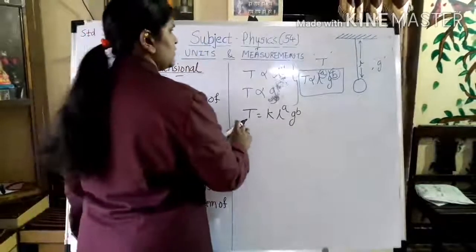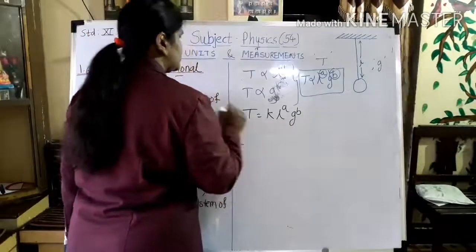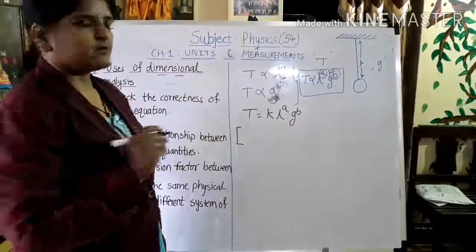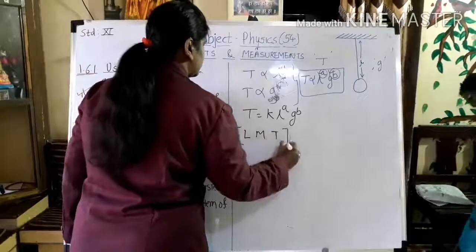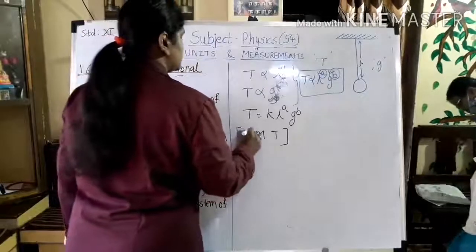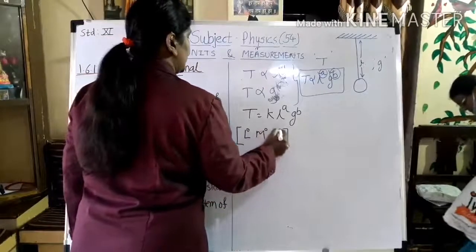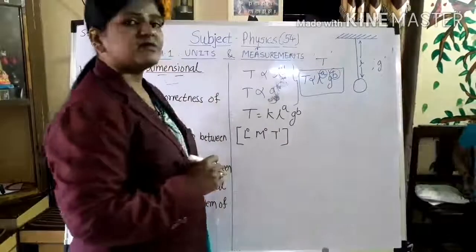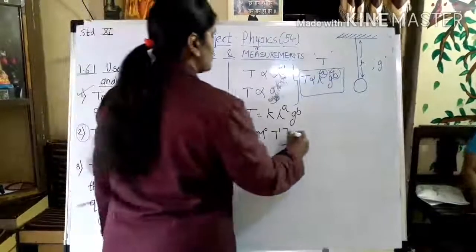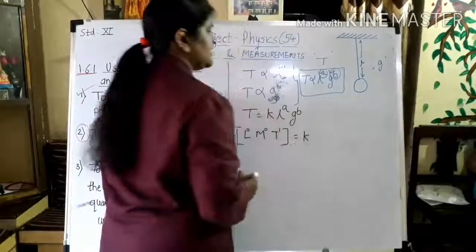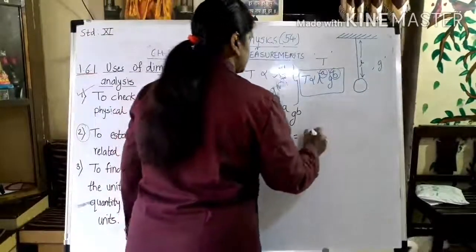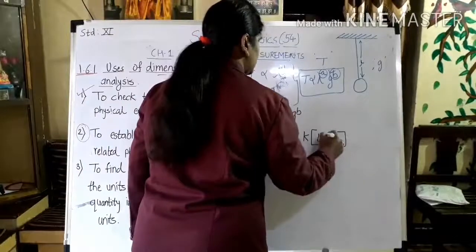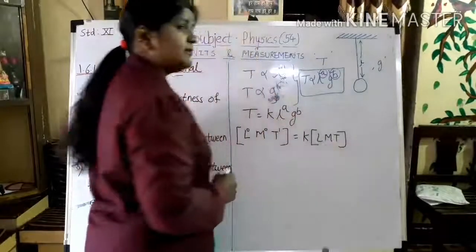T is time, so in terms of L, M and T, L is 0, M is 0 and T is 1, because time is there. As K is a constant, it will not have any dimension, so K will be as it is. Then again I write in terms of LMT.